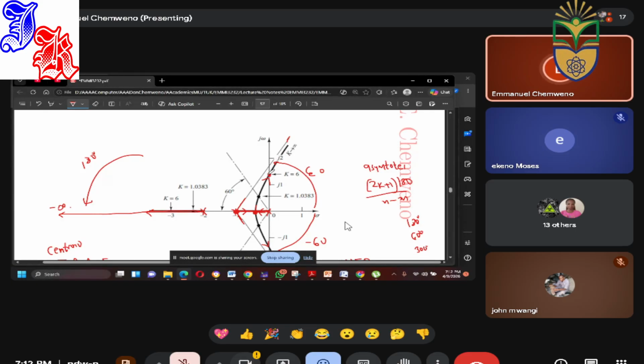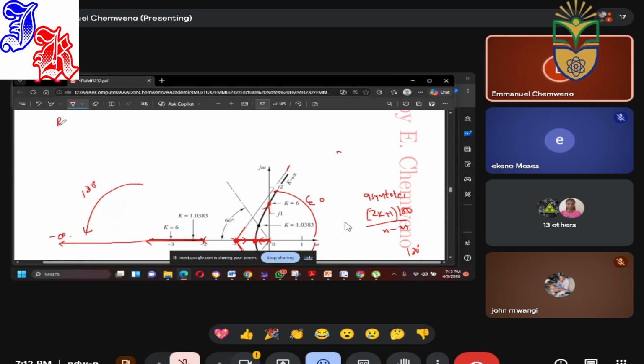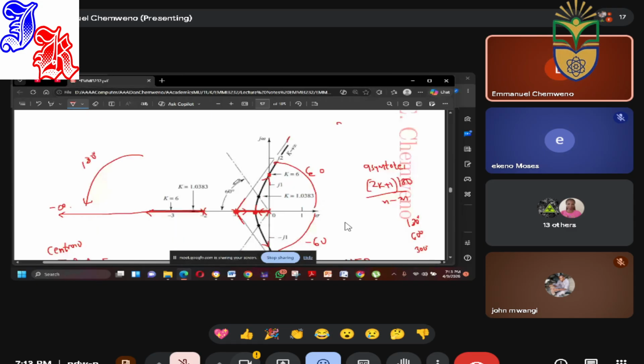So I calculated this by dK over ds, by root array. On the verge of instability. This is the point of the verge of instability because the locus crosses, and again, the system becomes unstable.